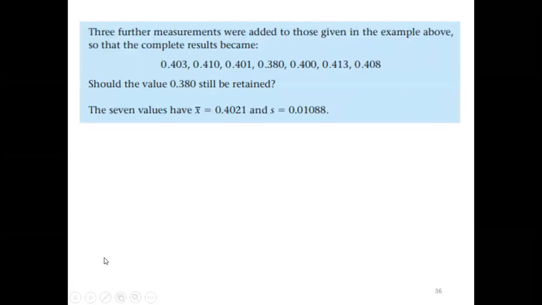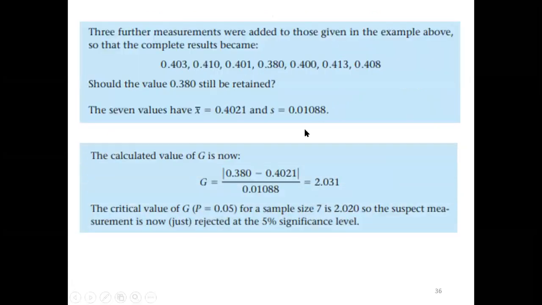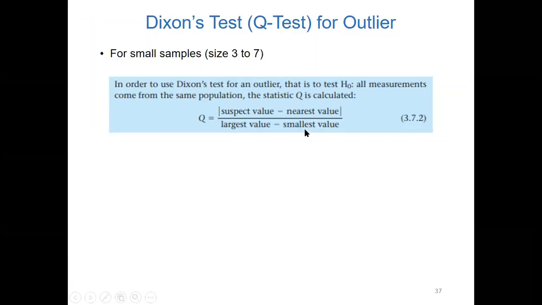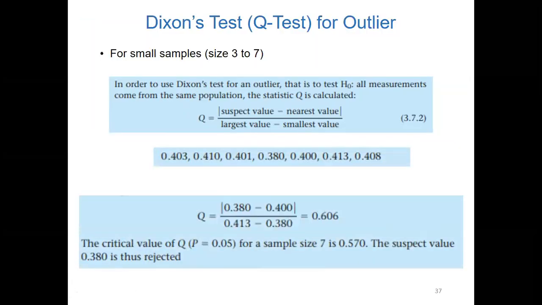Earlier, with 7 measurements using the G statistic, we got the answer that this 0.380 is an outlier. Even with the Q test, you got the answer that this 0.380 is an outlier. So you see, using both tests, we get the same answer when the sample size is small, right?